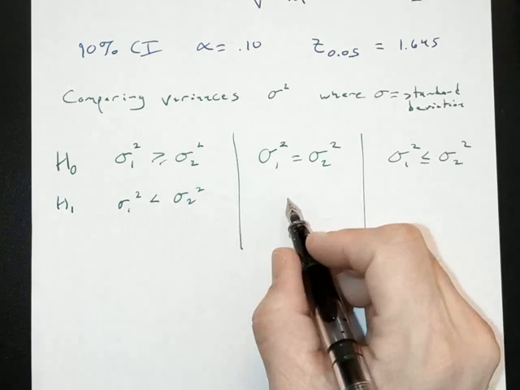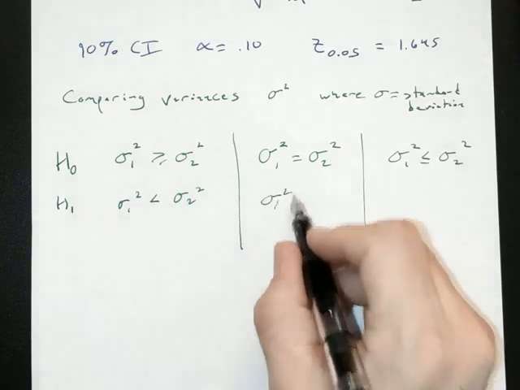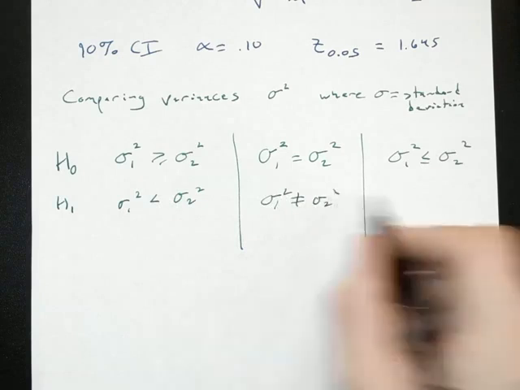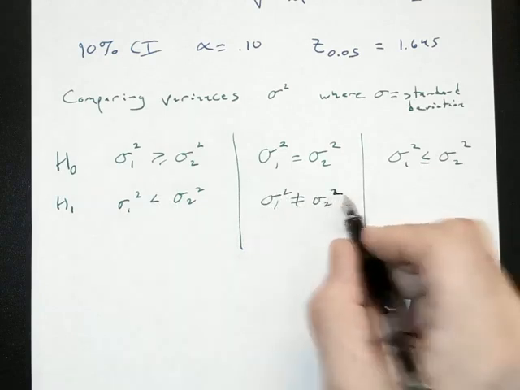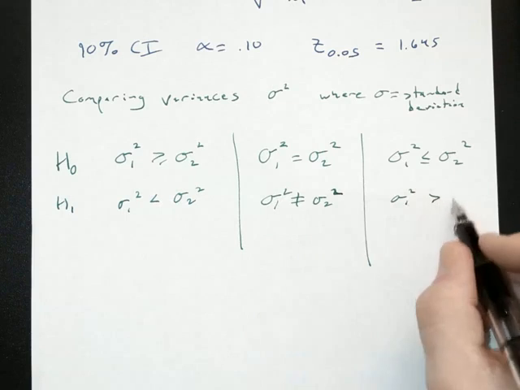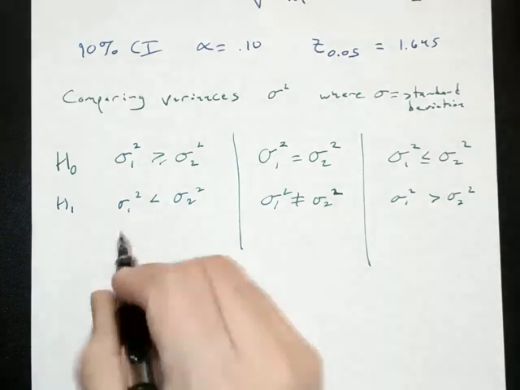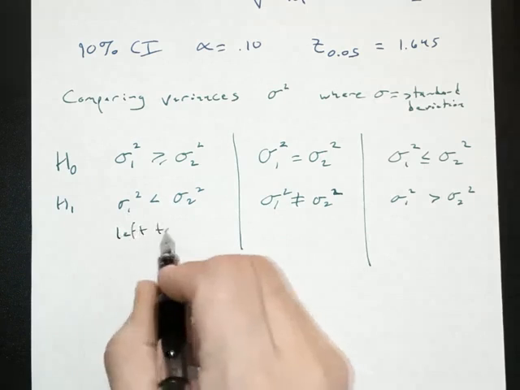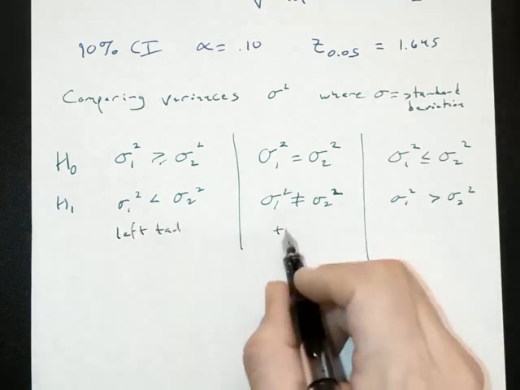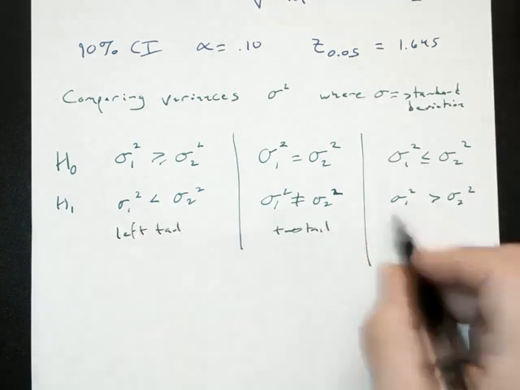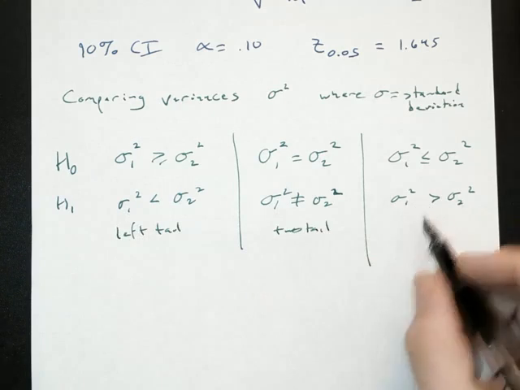Does not equal. And now I can say, wait a minute, look at my alternate hypothesis. This is the left, so this is a left tail. This is not equal, this is a two tail. This is the right side, so this is a right tail.